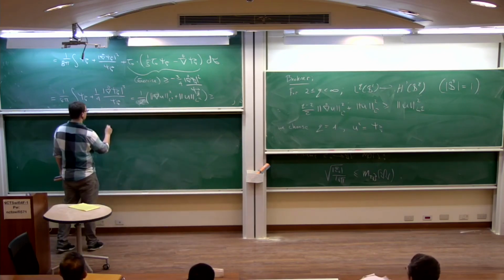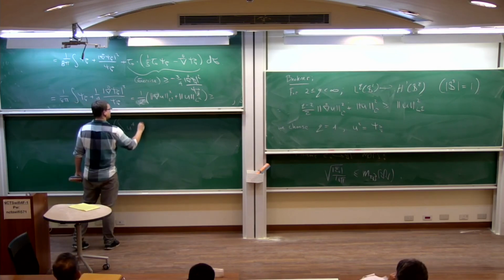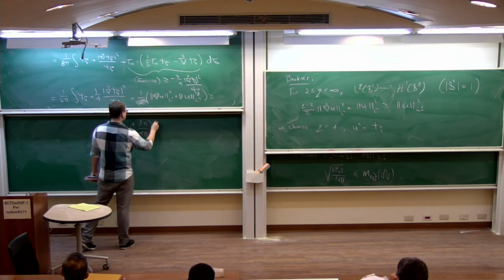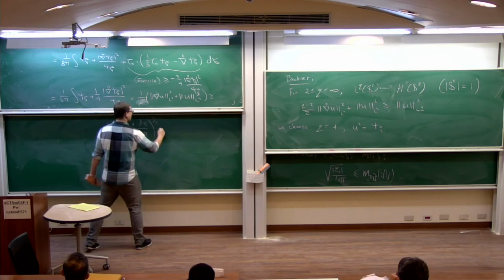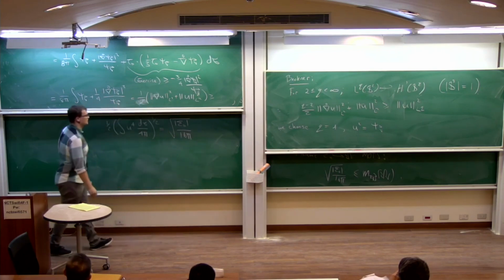Okay, so this is bigger than or equal to 1/2 the integral of u to the 4 d sigma over 4 pi to respect the area to the 1/2. And what you'll notice is this is exactly the square root of sigma 0 over 16 pi.